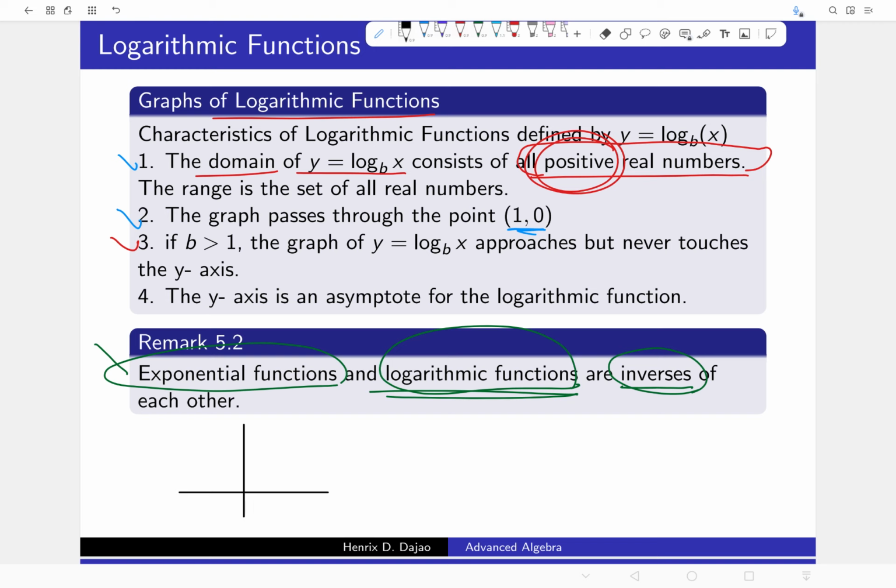the graph for, let's say, an exponential function.